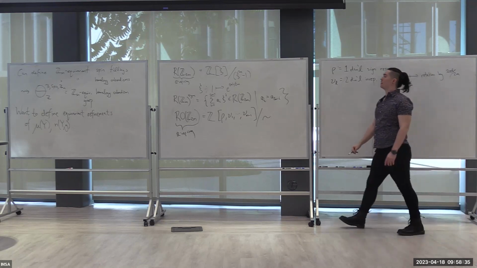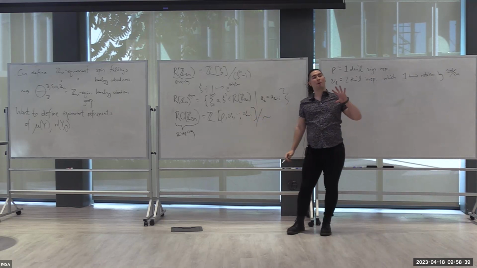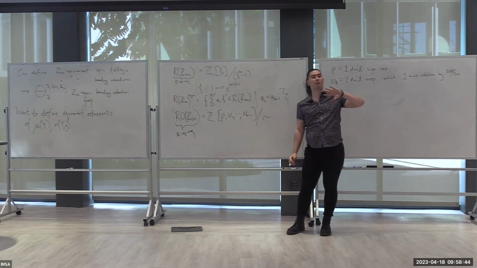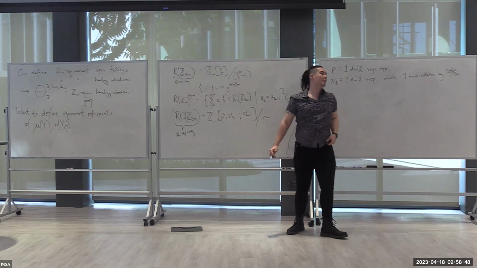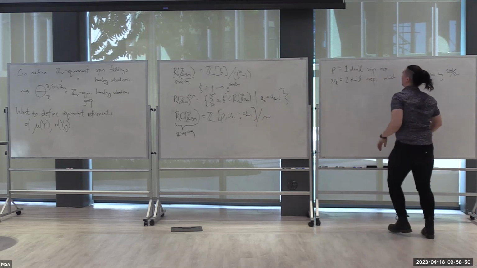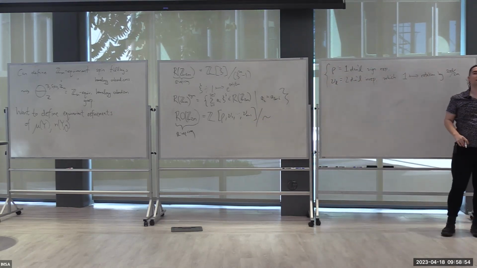You might ask why this doesn't go all the way up to 2n minus 1. Remember, we're talking about real representations. You can't keep rotating this way, because those are isomorphic as real representations. Any questions so far?